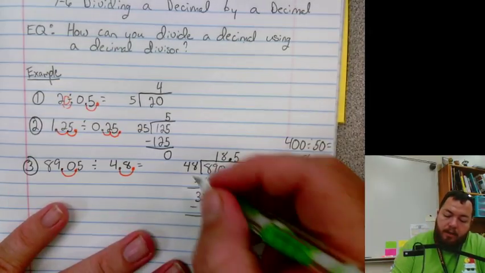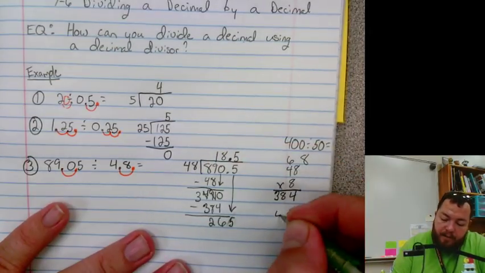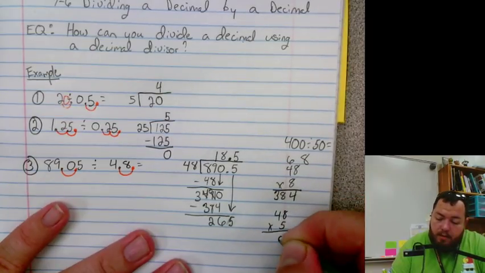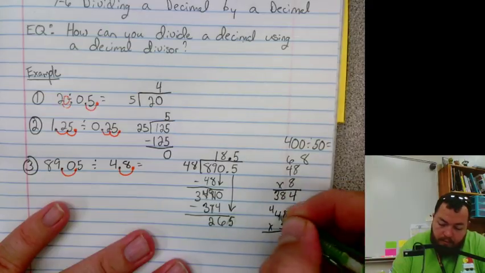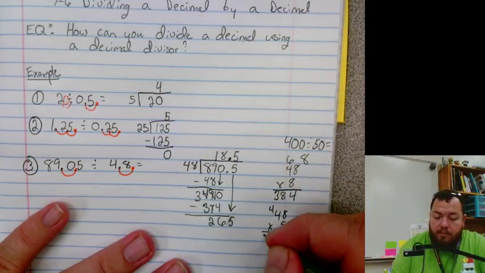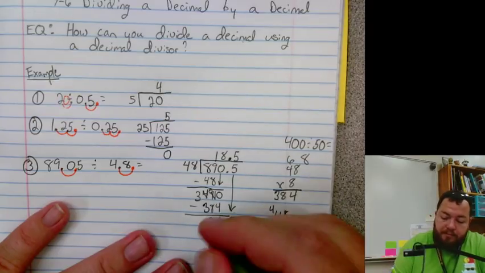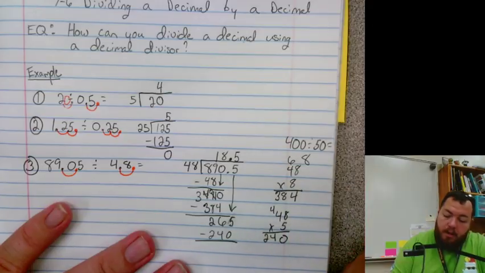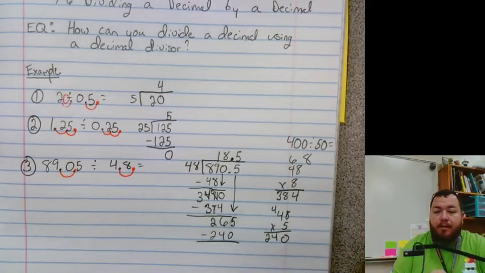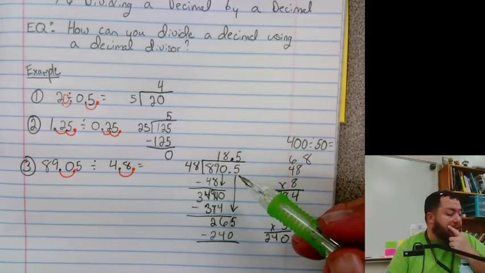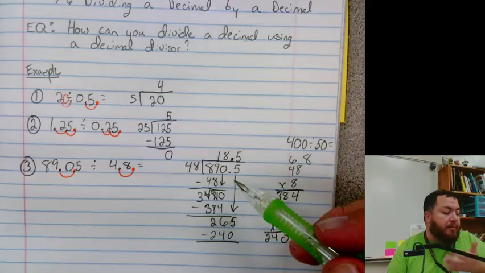And then we're going to go ahead and do 48 times 5. Five times 4 is 20. Plus 4 would be 240. Now, I'm going to stop right here because I only need to estimate, because this problem is from number 10 on page 169, and it says estimate my quotient.